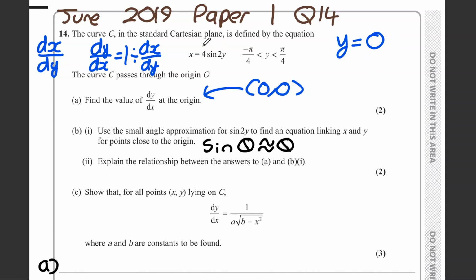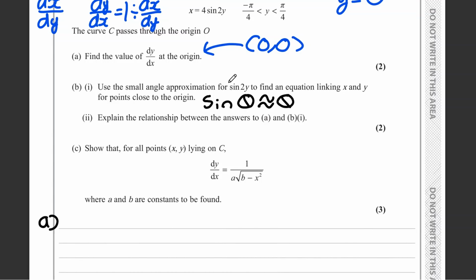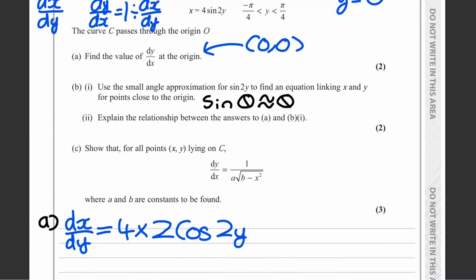Okay, so if we do this, if we start by differentiating this here, so x is equal to 4 sin 2y, it's going to be dx over dy, if we differentiate it in terms of y, equal to 4 times, and then if you differentiate sin 2y, this 2 is going to come to the front of the trigonometric function like this, and if you differentiate sin, it's equal to cos, so it's going to be 2 cos 2y.